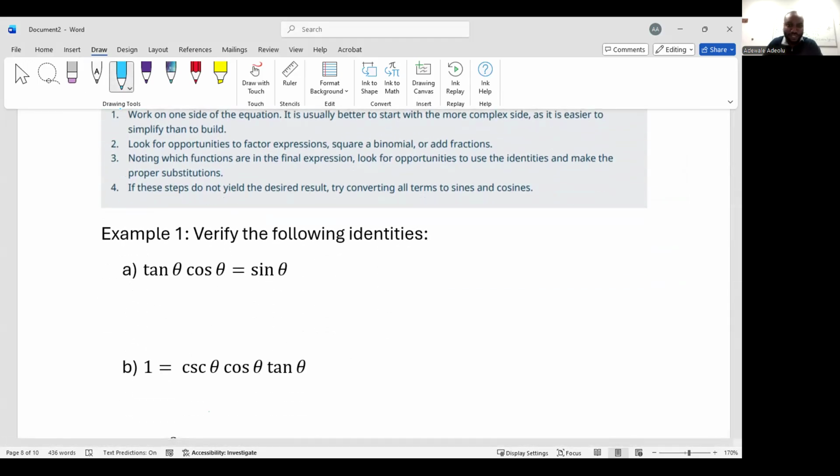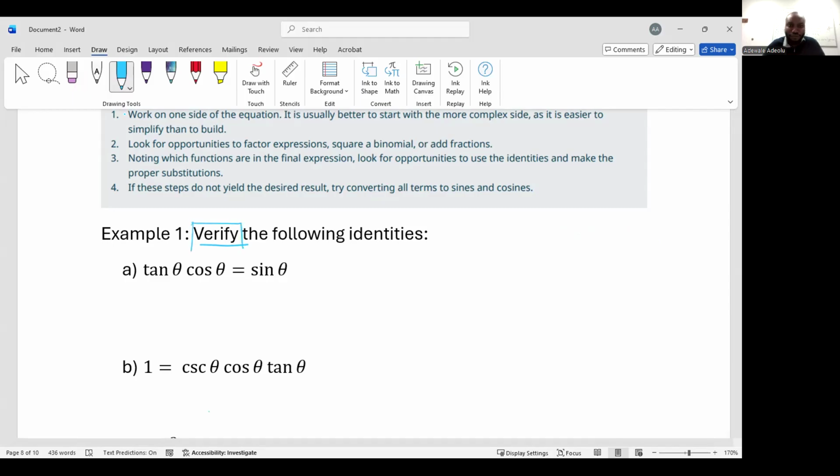This problem says verify the following identities. In this situation, you have been given, just like I would say, sine squared of an angle plus cosine squared of an angle is 1. Just like you've been given something like this, we were also told that tangent of an angle theta multiplied by cosine of an angle theta is sine of theta.